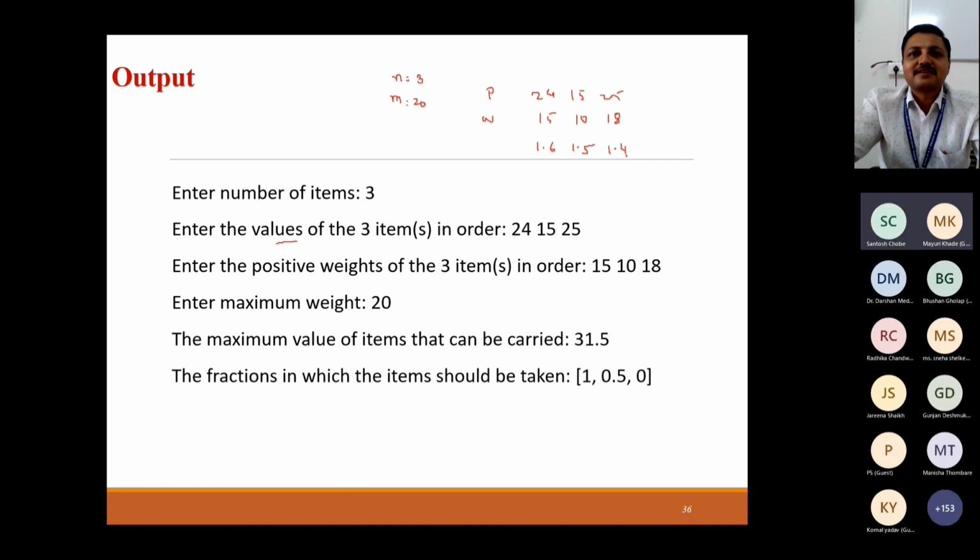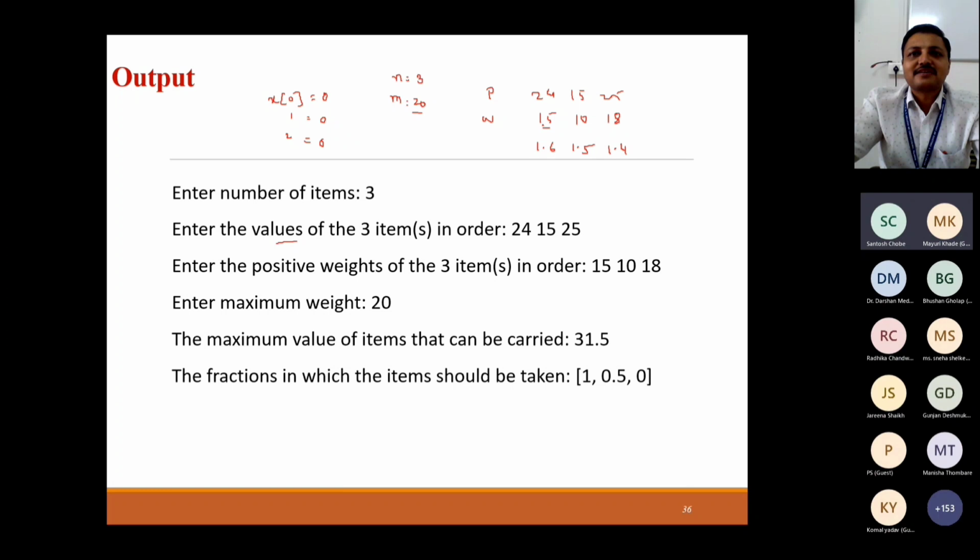So I have already arranged these objects in descending order of the ratios. Now I'll write x of 0, 1 and 2. It is initialized to 0, typically 0.0.